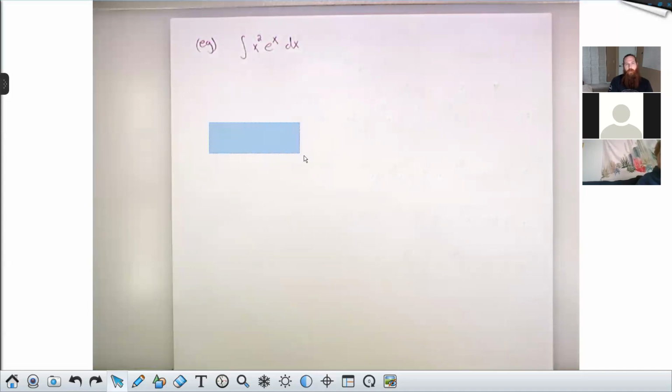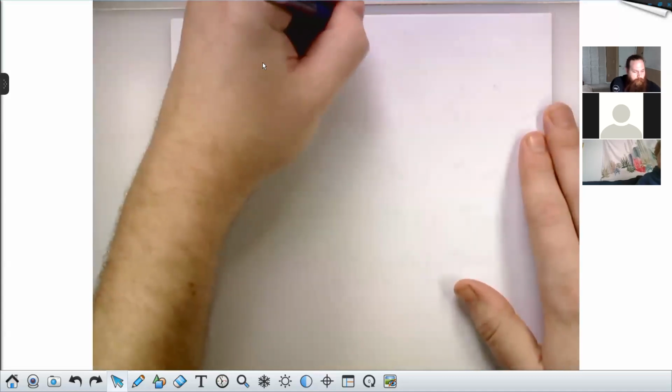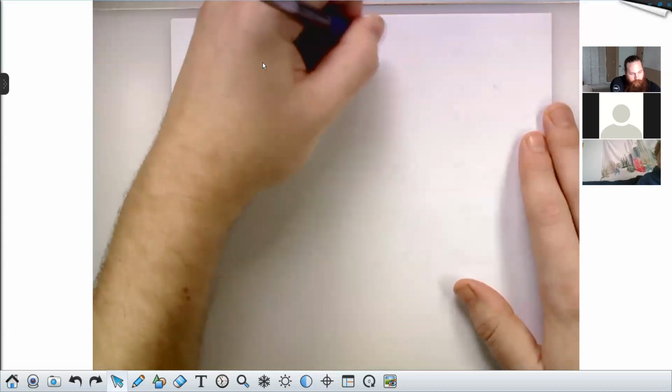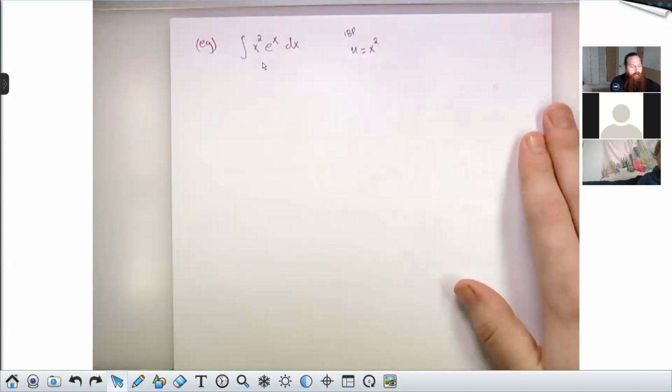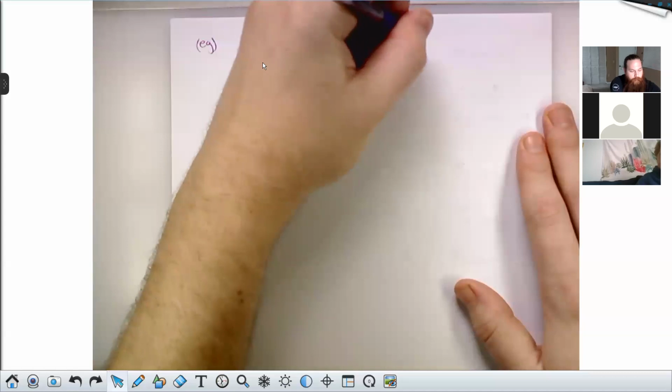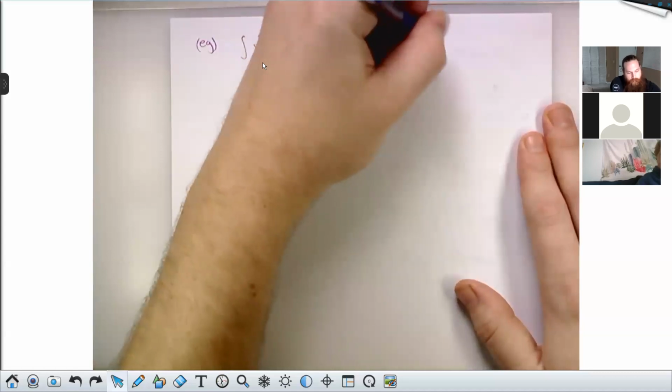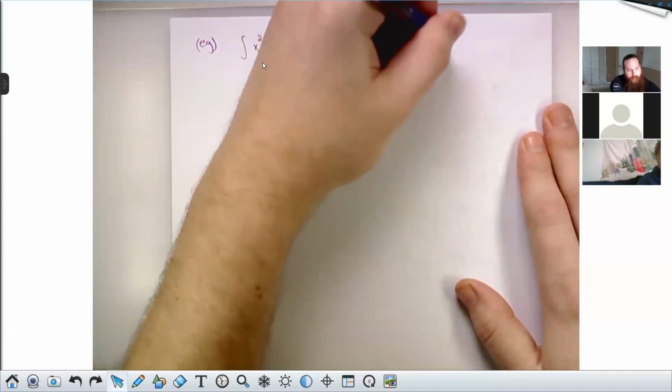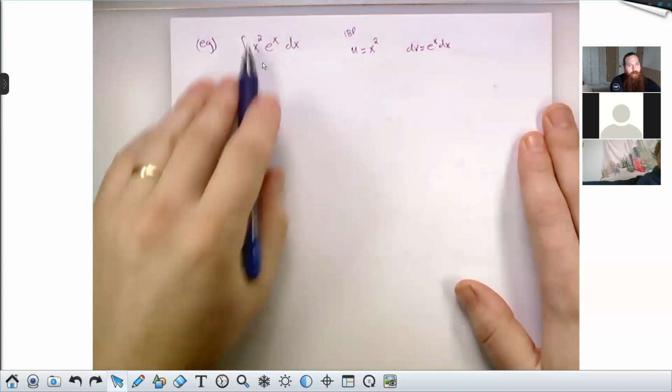Okay, so then do I have any polynomial functions? Yeah, here, look, x squared, that's a polynomial. So I'm going to run IBP with u equal to my polynomial piece and dv equal to everything else. So that u times dv is my whole integrand.